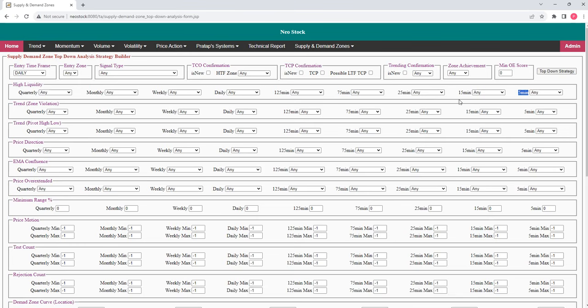The goal of building a good strategy is to explore the stocks that are having profitable zones at different time frames.